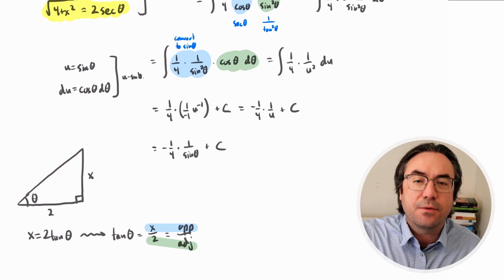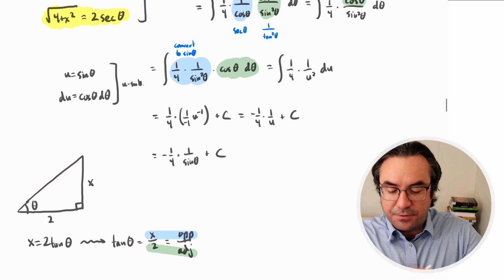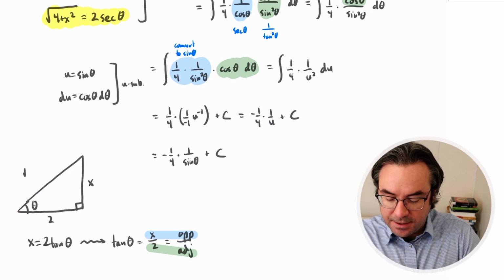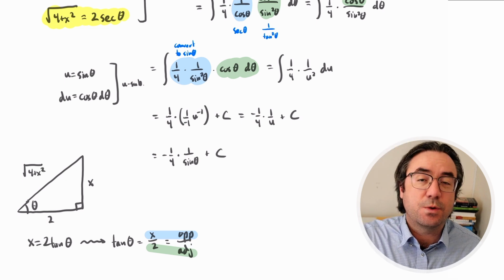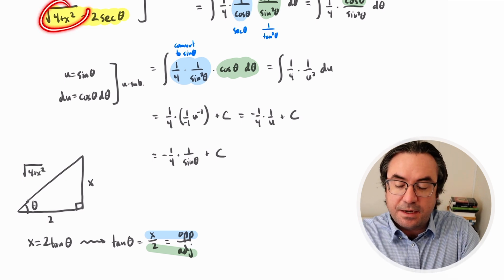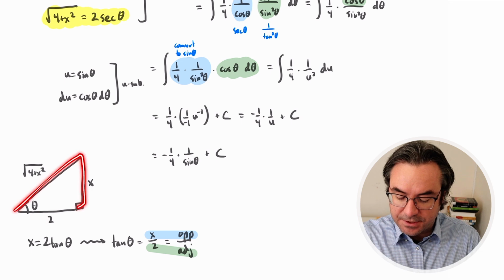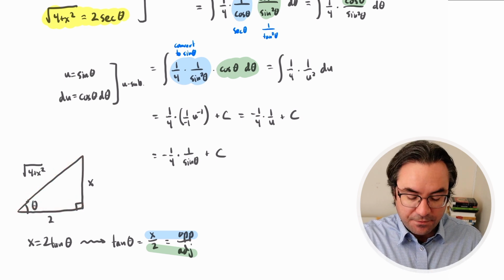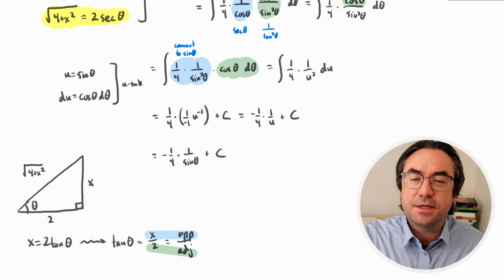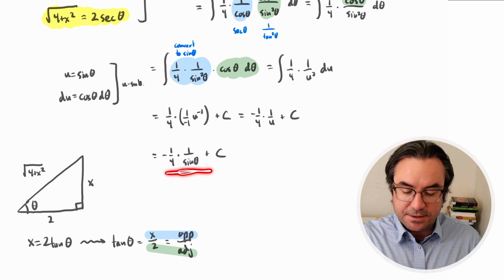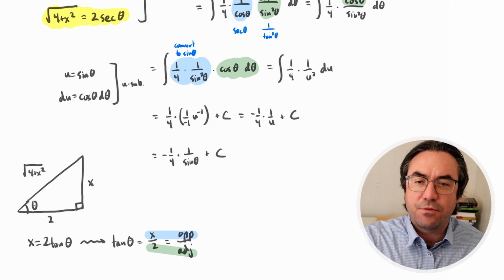We could use the Pythagorean theorem, and we'll see that the missing side is just the square root term that we had started with. Once we get all three sides of our triangle, we can figure out any missing trig functions that we need to convert back.